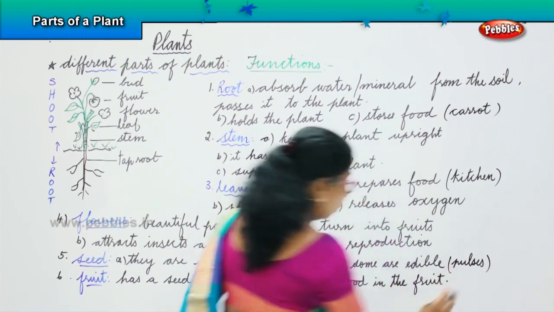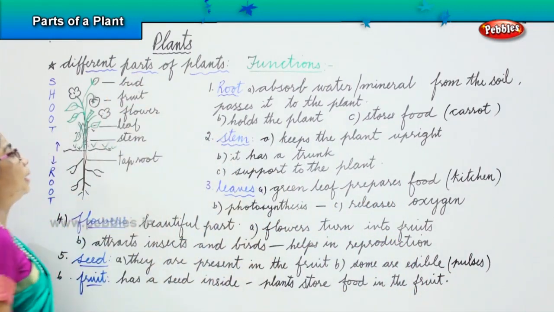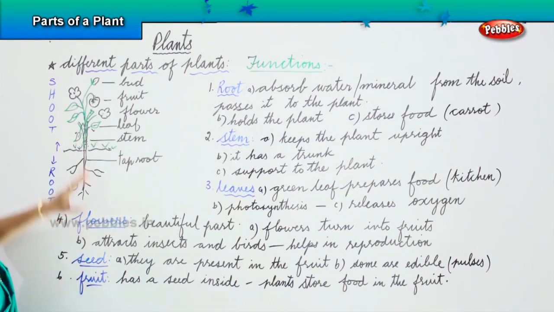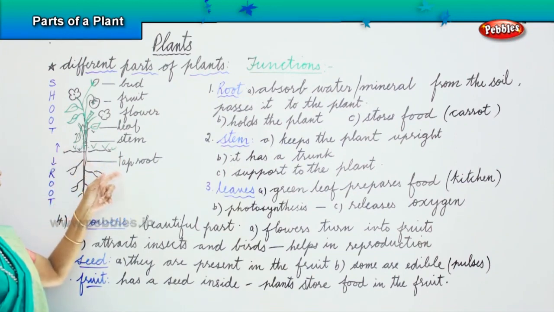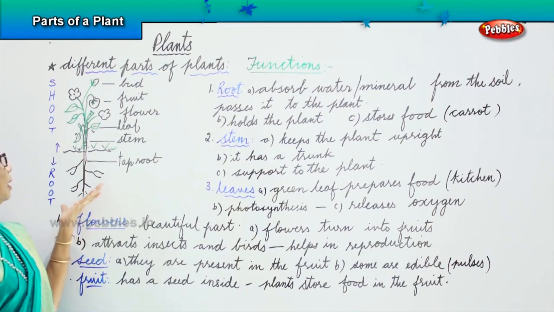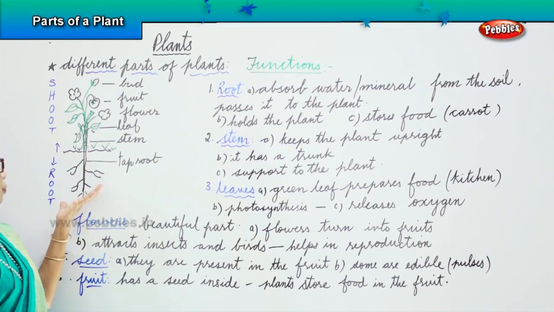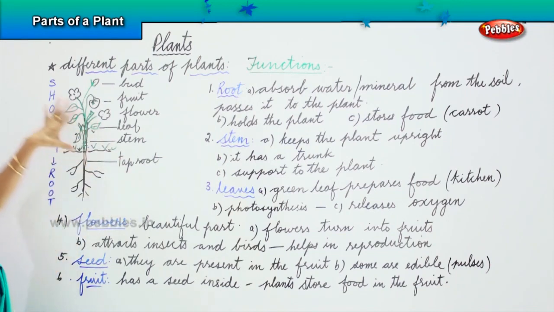All right. Now, what did we look at today? We looked at different parts of a plant. A plant has two parts. The one above the soil is called the shoot. Below the soil is called the root. In the root, you will have two types of roots, tap root system and fibrous root system. Roots hold the plant firmly to the soil.